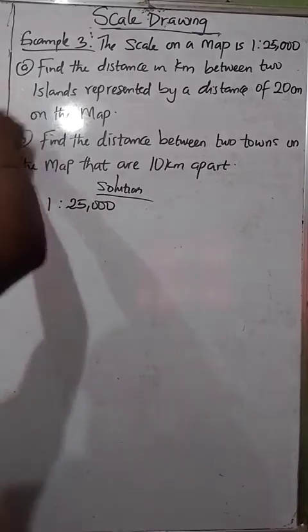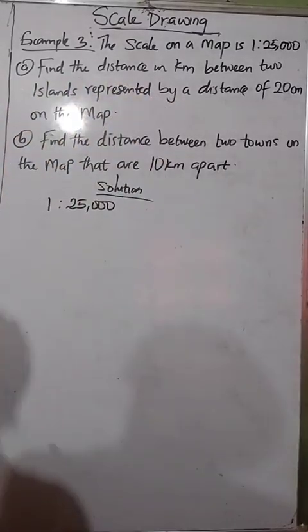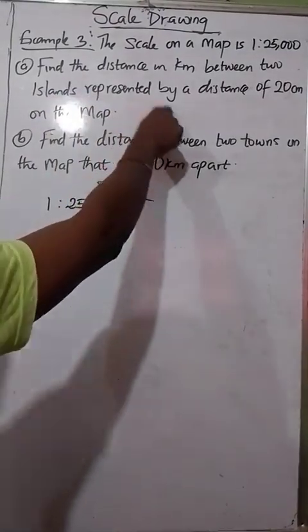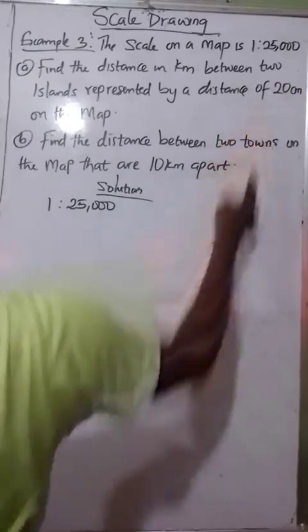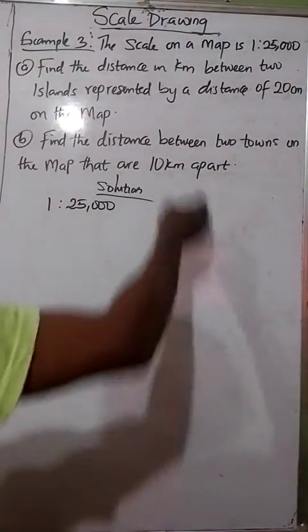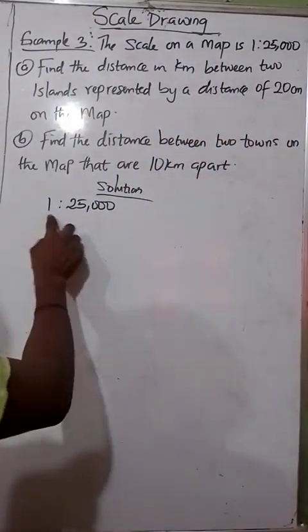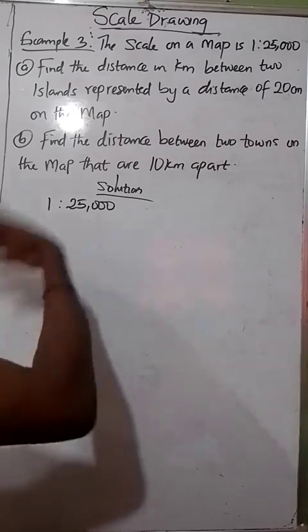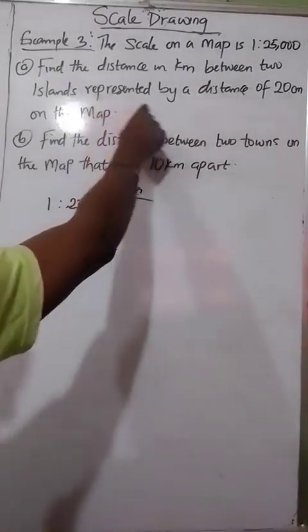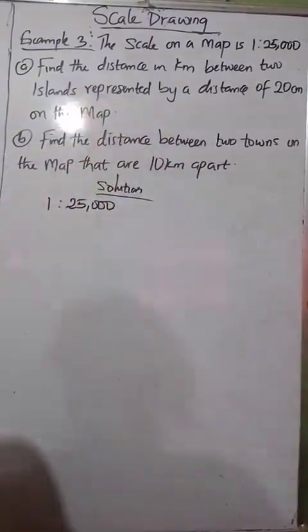Question A says, find the distance in kilometers between two islands represented by a distance of 20 centimeters on the map. So this distance is the scaled drawing on the map.